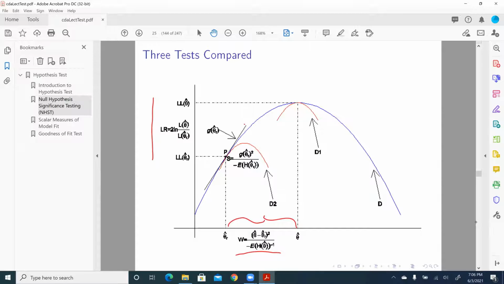And this is the score test. The score test is basically the first partial of the log likelihood with respect to the parameters with constraints. So it measures different locations, different parts of this curve, and measures different things.